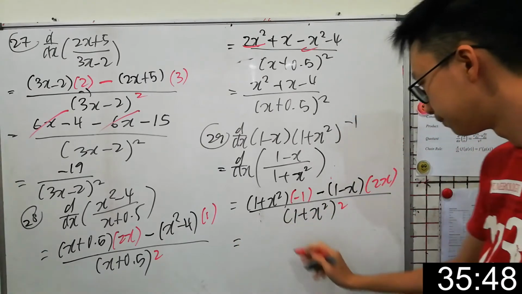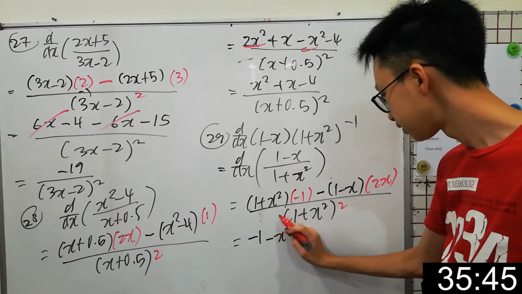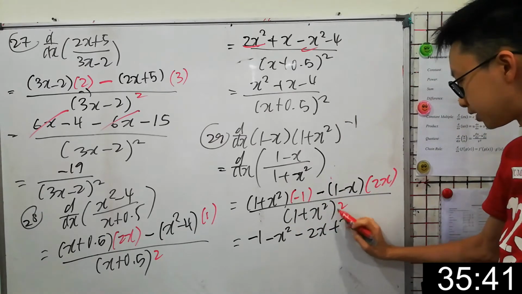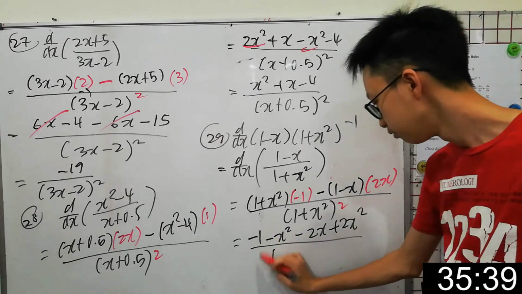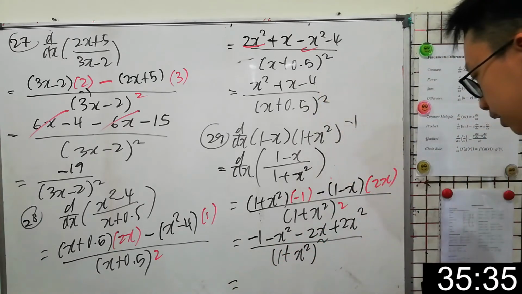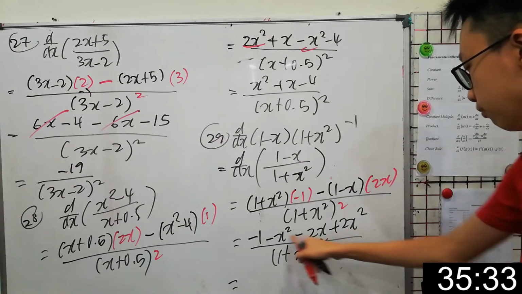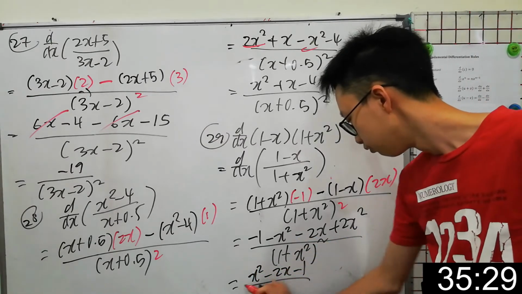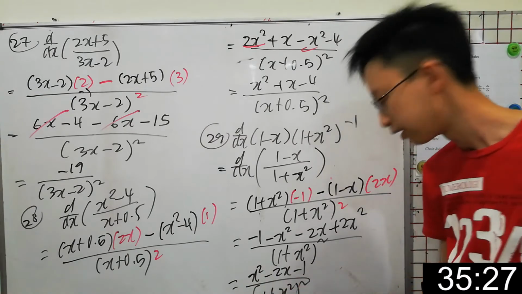So it is negative 1 minus x squared minus 2x, minus becomes a plus 2x squared over 1 plus x squared. Then 2 minus 1 is 1. Okay, x squared minus 2x minus 1 over 1 plus x squared.